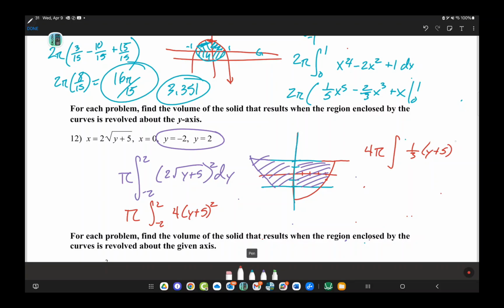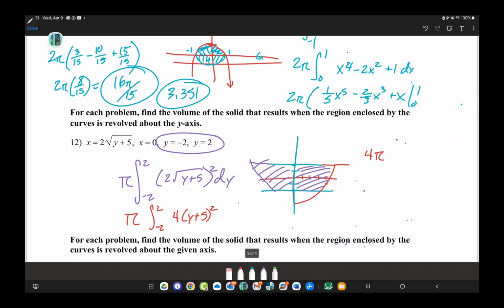Why is it 2y plus 5 squared in the second? Oh yeah, it's not squared. Good catch. That's what I got confused on. dy. So that just gives you what? 1/2 y squared plus 5y from -2 to 2.